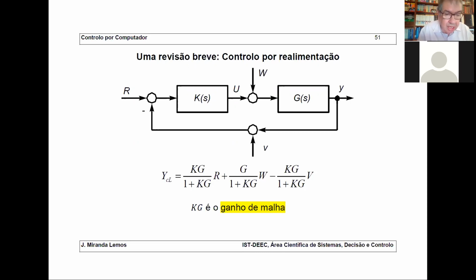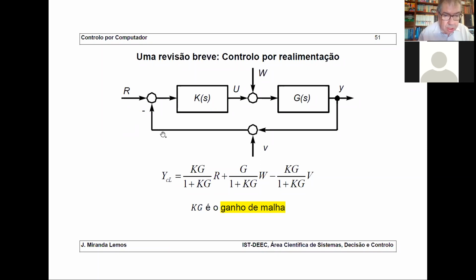And actually, the idea is that the feedback system renders Y insensitive to W and V, so to the disturbances and to the sensor noise. Okay. Now, without doing any mathematics, you can see that we have a problem. The sensor noise V enters the same way as the reference that you want to track.